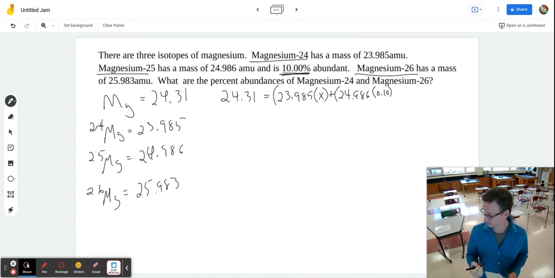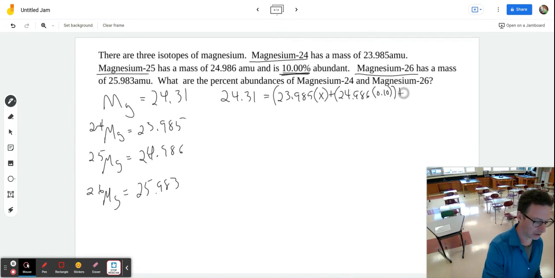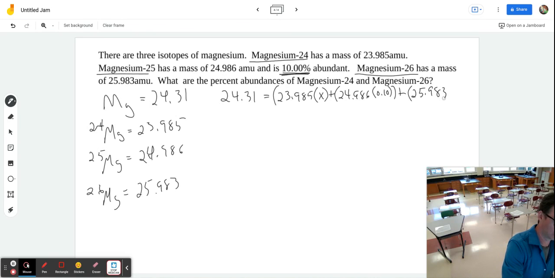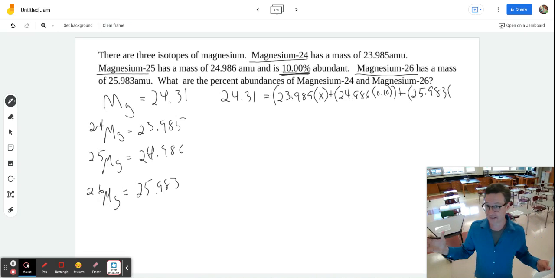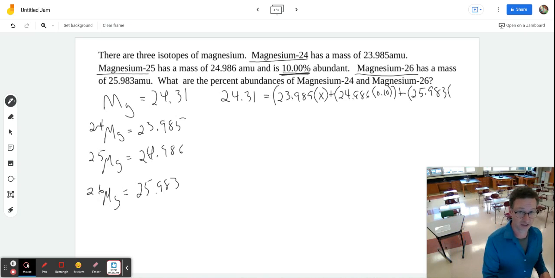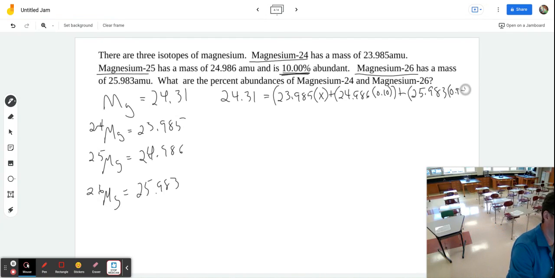That one they gave me. Plus the third isotope, which is 25.983 times its percentage. This is where it's different. I know 10%, so the rest has to add up to 90%. So instead of saying 1 minus x, I say 0.9 minus x, because that's 90%.